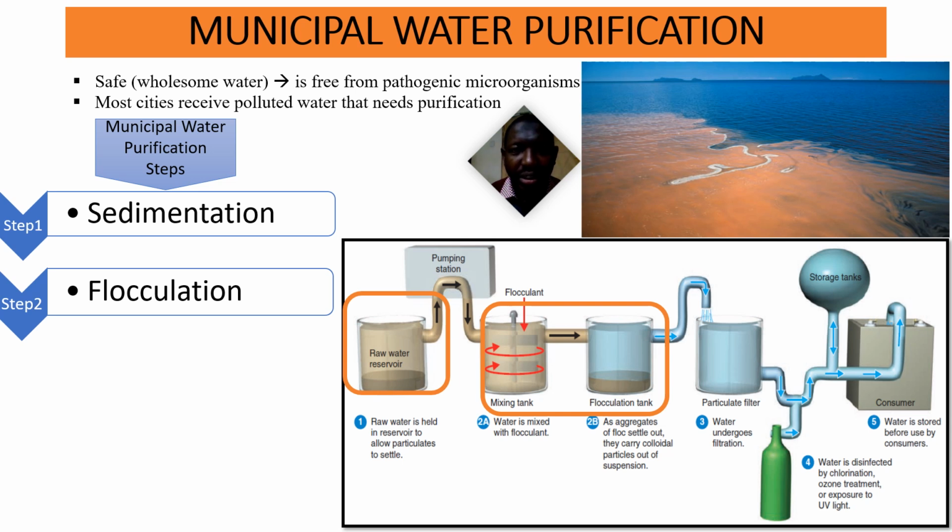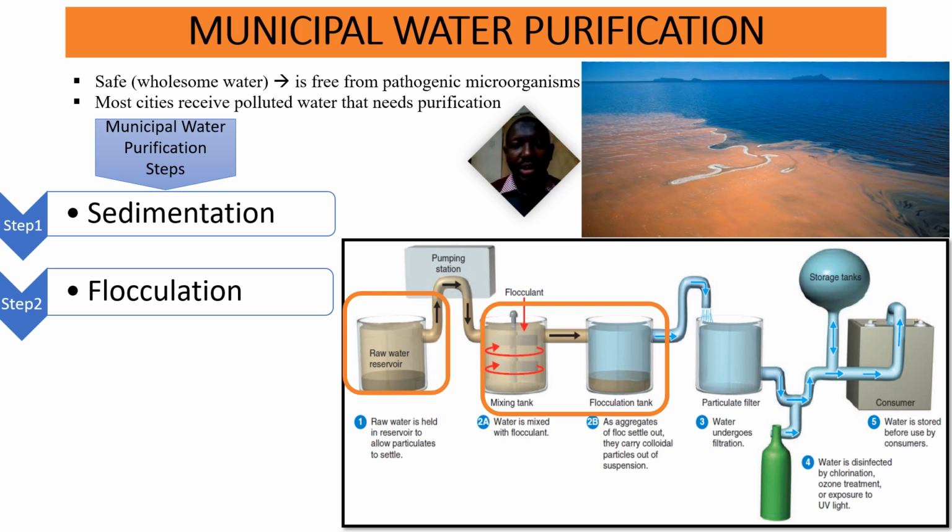That is the suspended materials that are left during the sedimentation process. So the colloidal materials and microorganisms attached to them are removed. Partially clarified water from sedimentation is pumped into a secondary tank for flocculation.